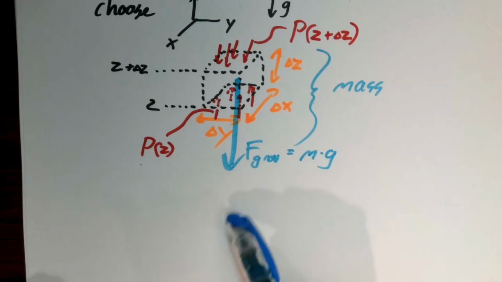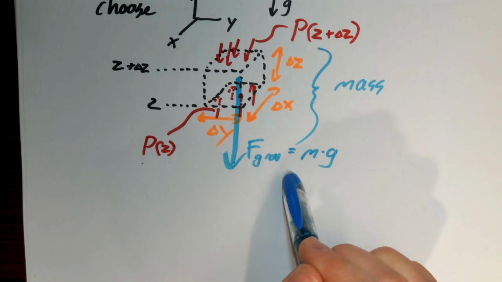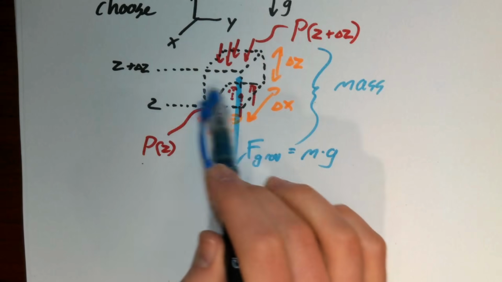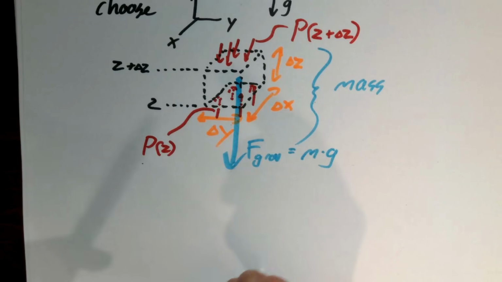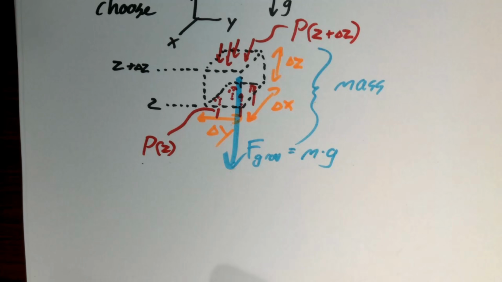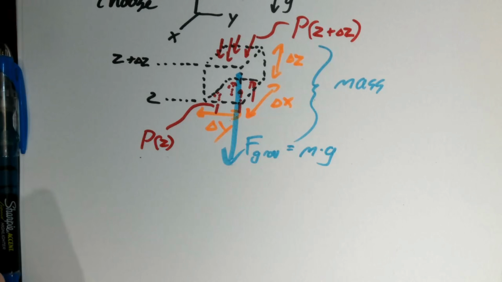Okay, so let's first analyze pressure, and then we'll try to square away what this gravitational force is, and then hopefully we can get some kind of relationship between pressure, gravity, density, and depth in the fluid as well. So let's do that.